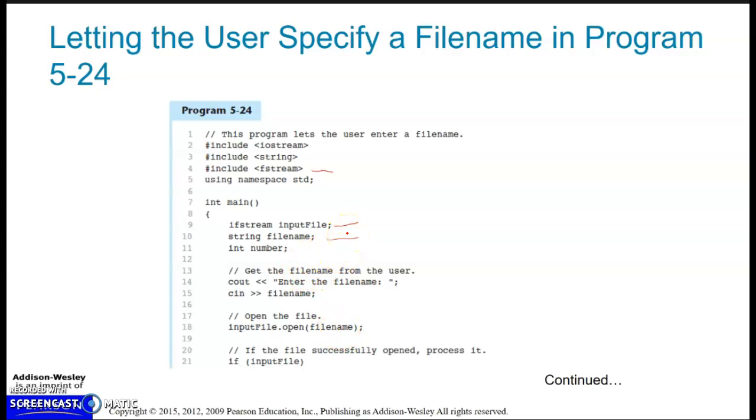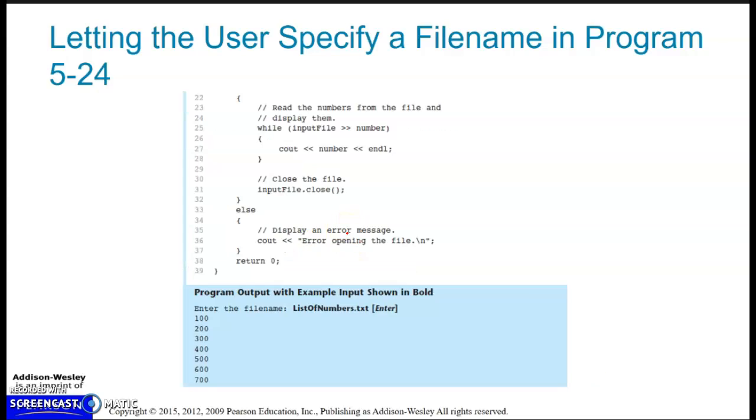When we take a look here at the example, they use list of numbers.txt, and file names should be very similar to project names and variable names, where we don't use spaces, things like that, in the identification. And so here, while the input file has numbers in it, it is going to cout what's in there, then it closes the input statement.